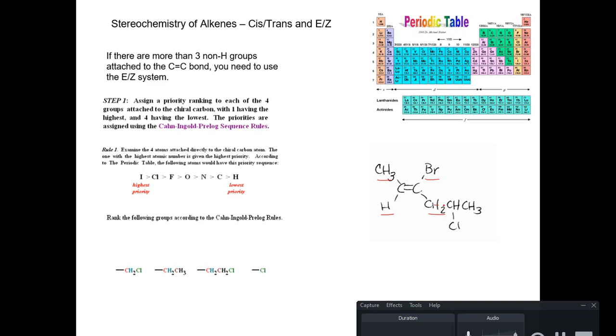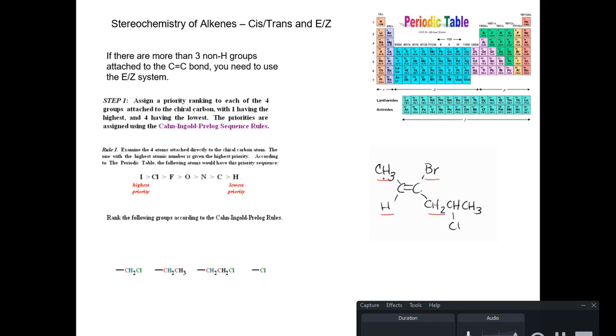If the two high priority groups are on the same side, it's a cis, or Z for together. If the two high priority groups are on opposite sides, it's an E for across. So how do we do that?